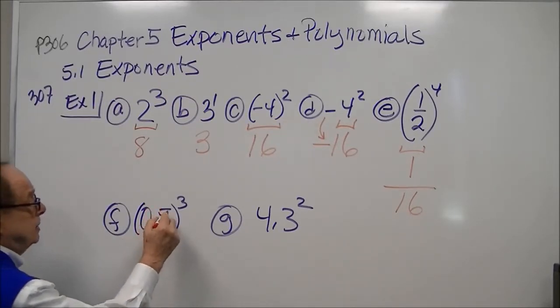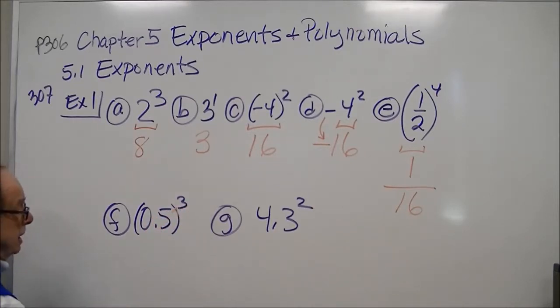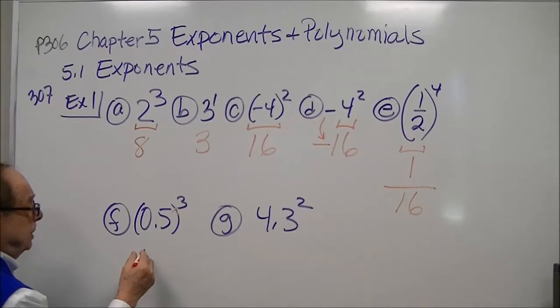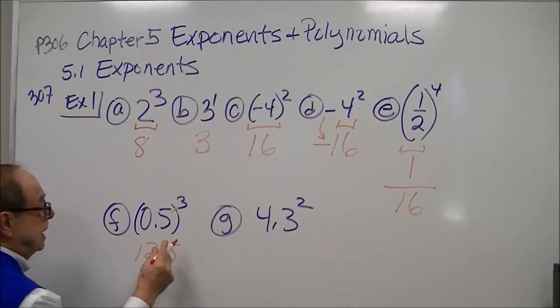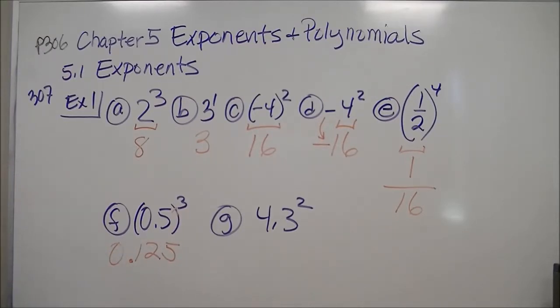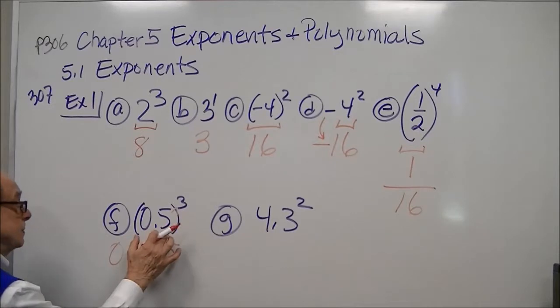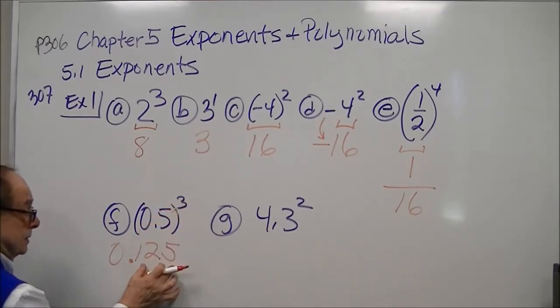Again, if you put that into your calculator, it's just 0.5 caret 3, and that will be 125, but you need 3 decimal places. So it's 0.5 times 0.5 times 0.5, you need 3 decimal places, and 5 to the third is 125.